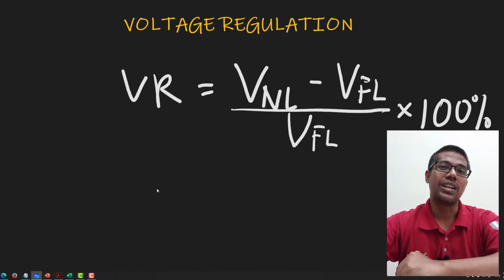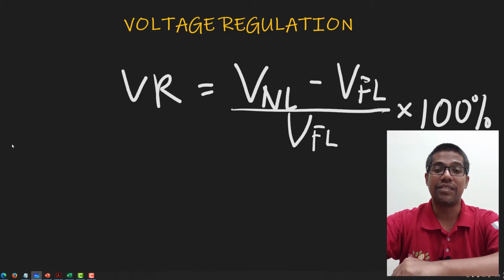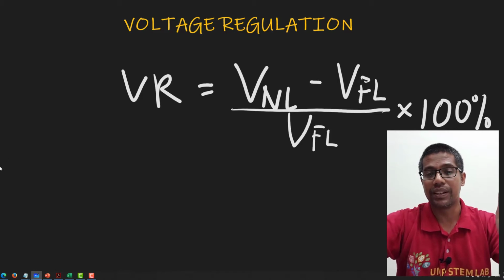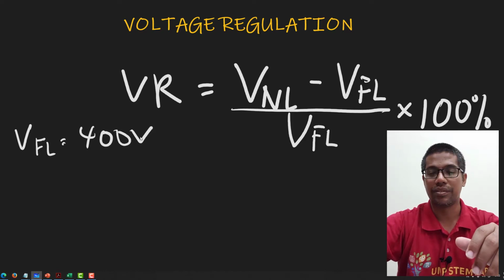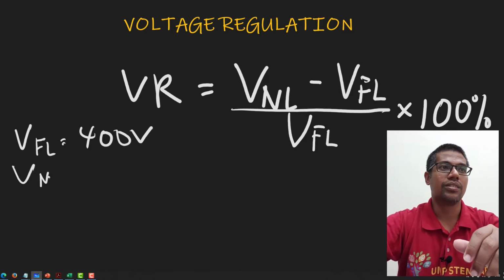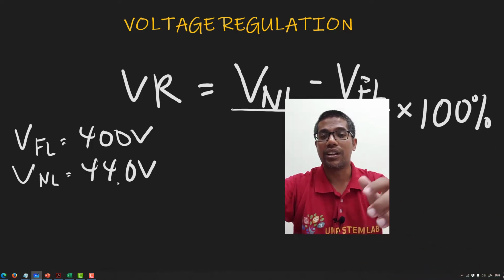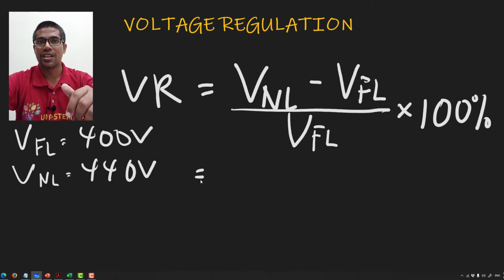So let's say we have a very simple example: full load is 400 volt, no load is 440 volt. What is the voltage regulation? This is very simple because the two values have been given.